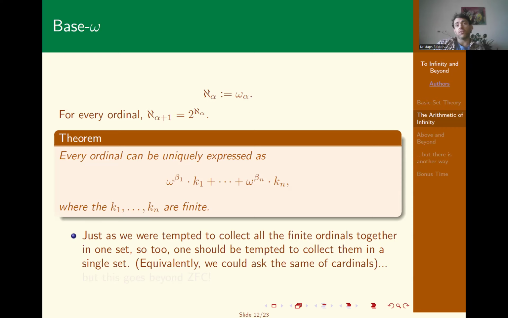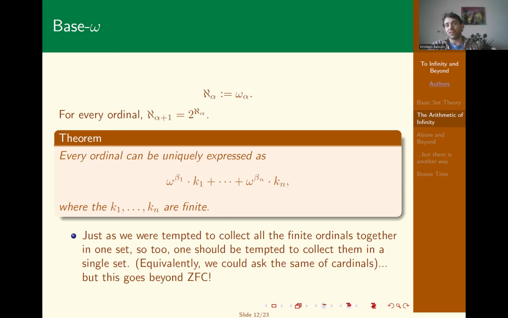In the same way, we've seen that ordinals and cardinals have these really great arithmetic properties, and the exact same argument applies. If you feel like you should be able to collect all of the finite sets together into one set and consider that as an algebraic structure, you should also feel that we should be able to do the same thing with ordinals and cardinals.